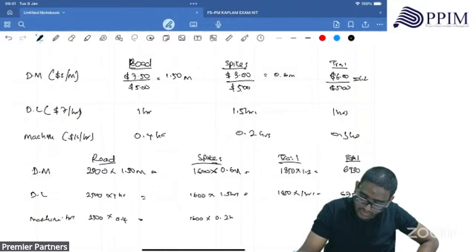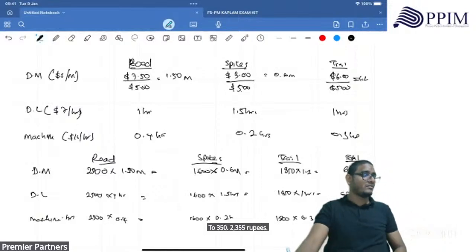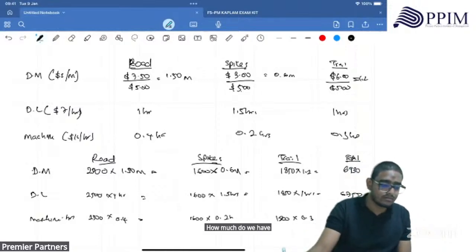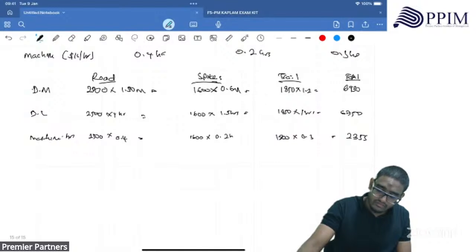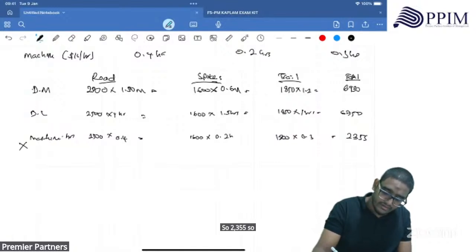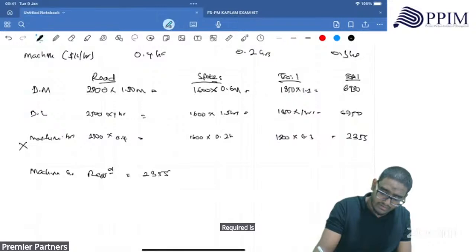Two thousand three fifty. 2355. Okay, how much do we have? We have 1850. Okay. So 2355. So machine is your limiting factor. So machine requirement required is 2355.